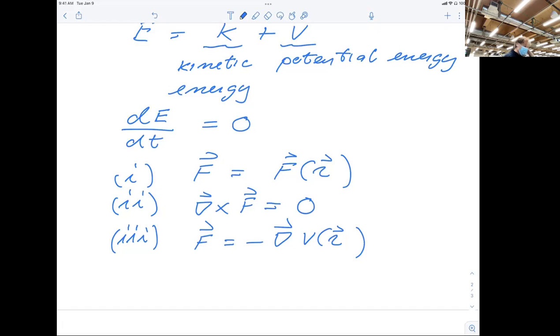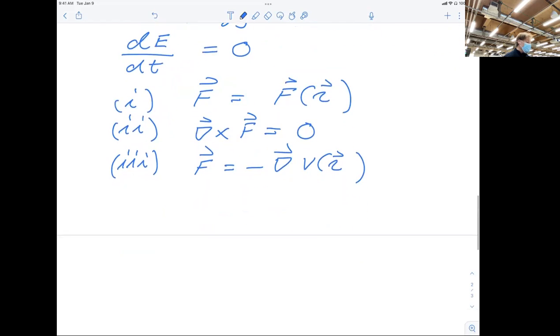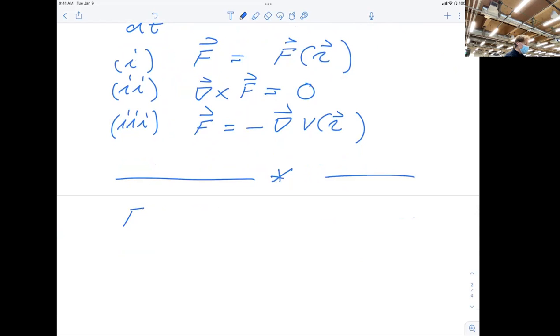Now, the other thing we did on Monday was to show that the total momentum is conserved if we only have internal forces. So this is the conservation of momentum.